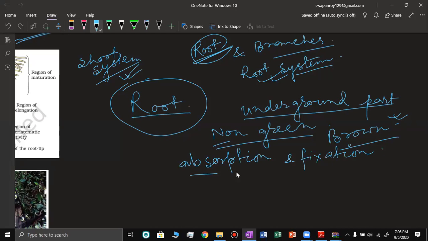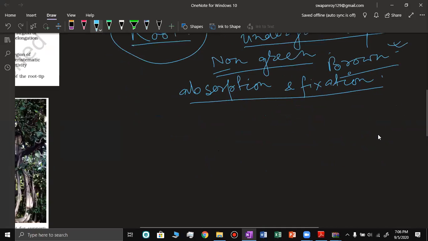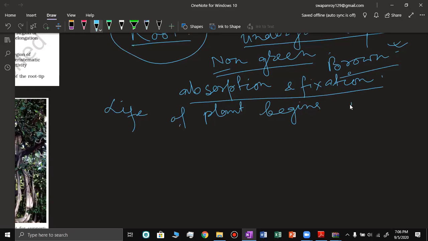Now let us see the root from the beginning. The life of a plant begins with seed germination.